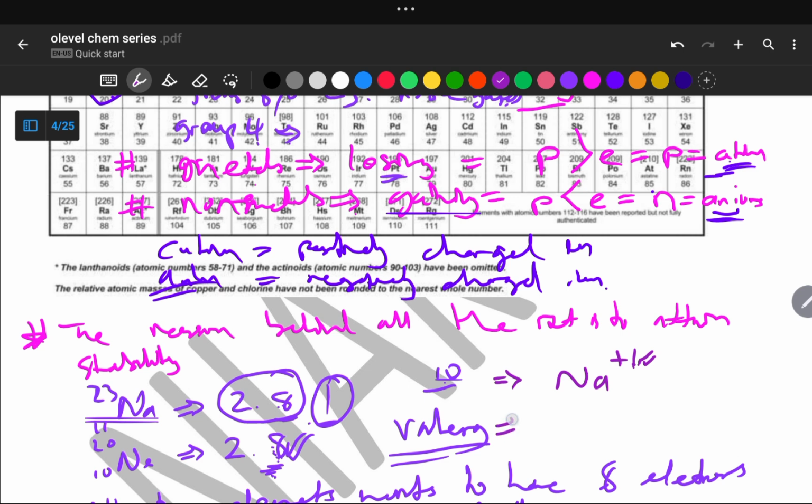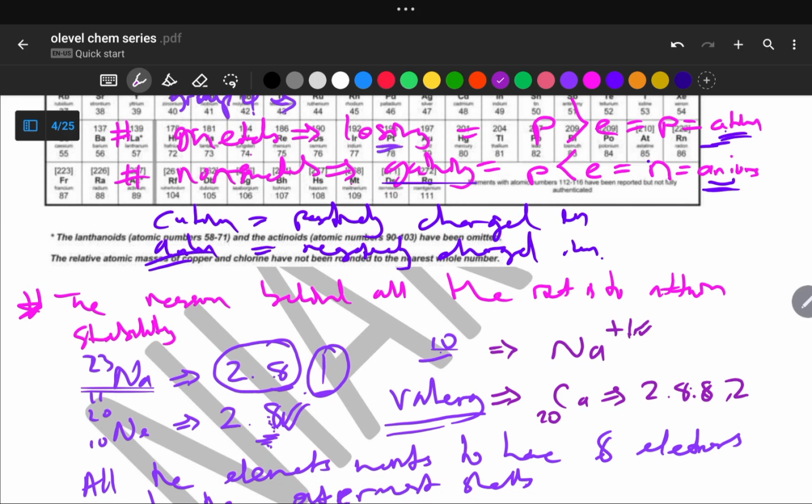If you are having calcium, right? Calcium is number 20 and the electron configuration is 2, 8, 8, 2. So calcium is a metal since it is in group 2. The group number is denoted by this number in the outermost shell, right? The group number is equal to the number of electrons in the outer shell.